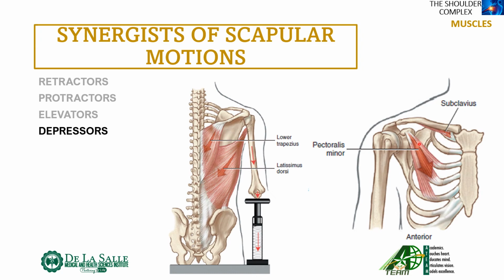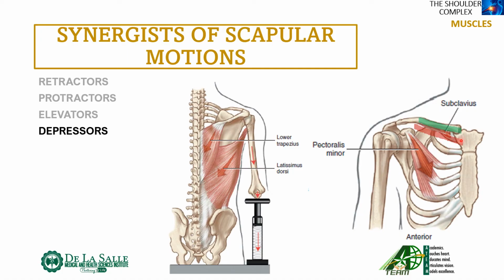If it contracts, the force direction will be this way. So it's almost parallel to the shaft of the clavicle. That's why your reference says that the action of the subclavius, when it comes to depression of the scapula, is minimal.